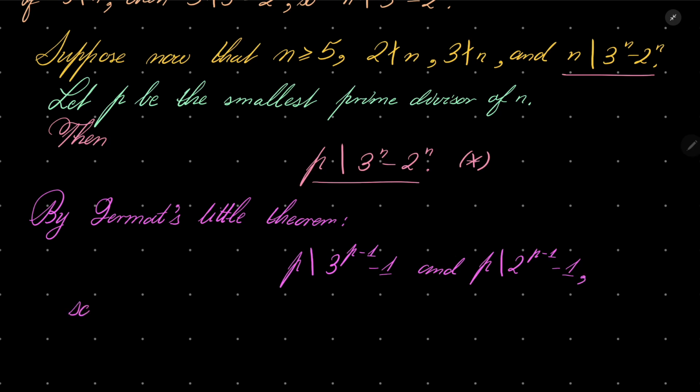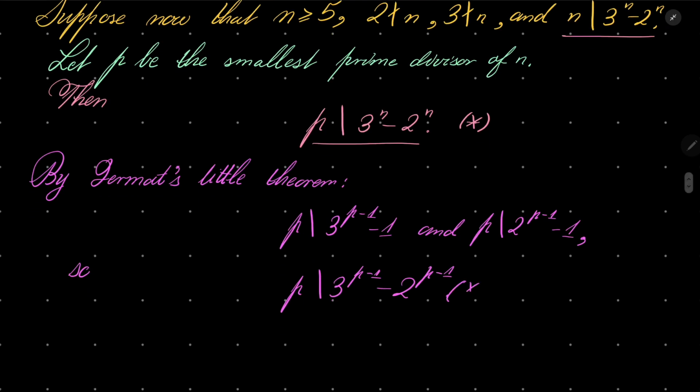So if we subtract these two numbers, we get that p also divides 3 to the power of p minus 1 minus 2 to the power of p minus 1. Let's mark it double asterisk.